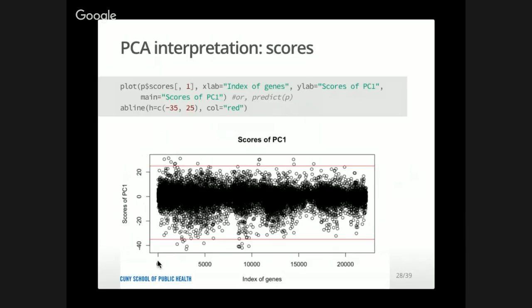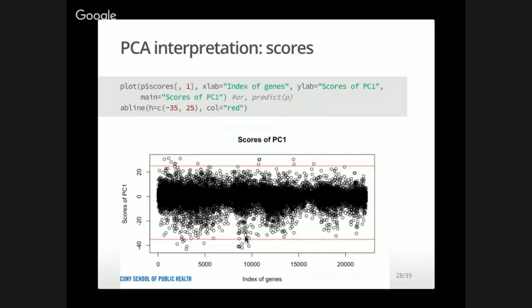So on the x-axis is just the position. This is the first row. This is the 22,000th row. And these are all of the scores. These are the most important genes with a positive contribution to PC1. And these are the most important genes with a negative contribution to PC1.